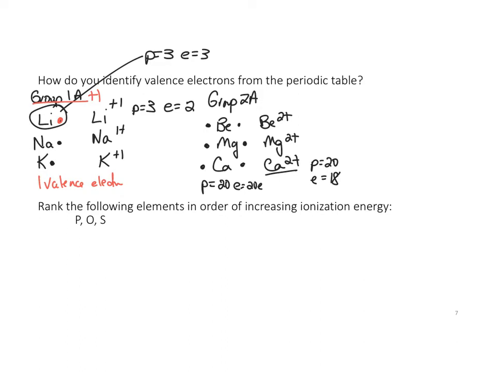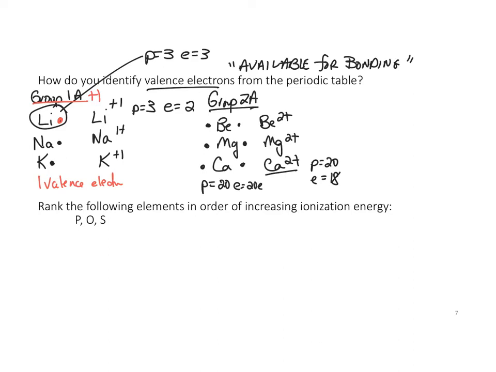And so the valence electrons are the electrons that are available for bonding. One of the first steps of figuring out the bonding structures that you're going to be doing for the rest of the semester is counting valence electrons. So group 2A has 2 electrons.